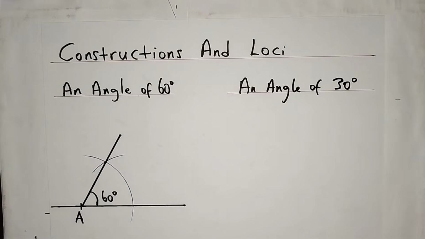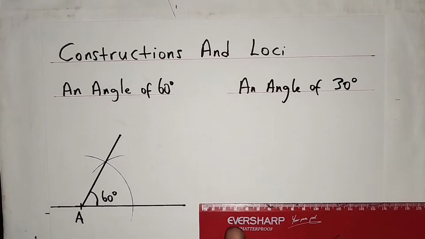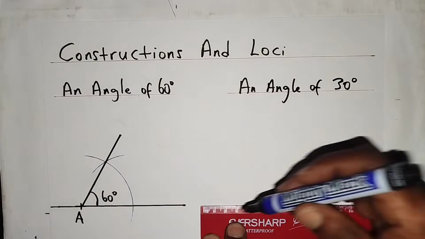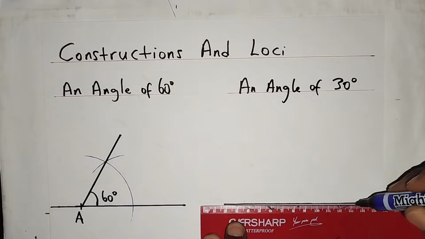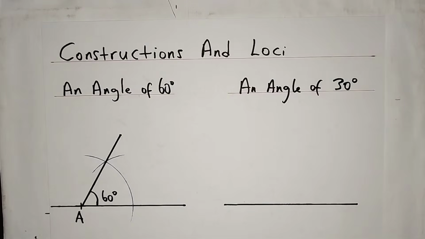Now I want to construct an angle of 30 degrees. So first of all, I will start by constructing an angle of 60 degrees, let's say at B, and then bisect it.